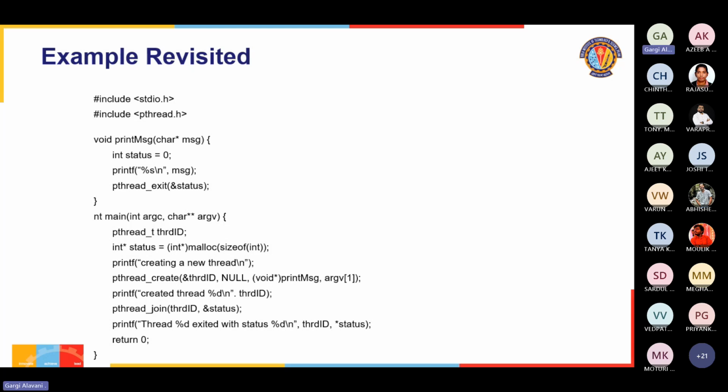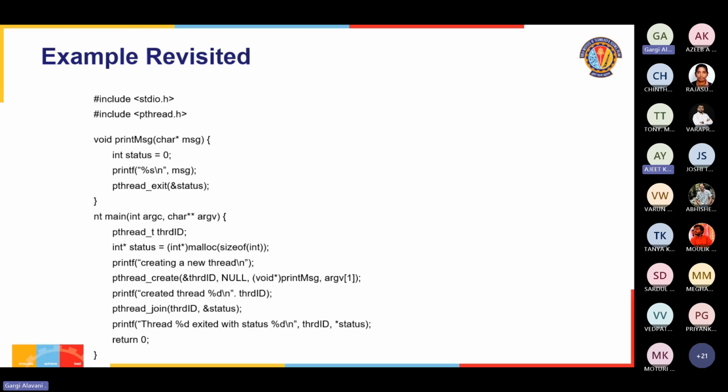So the main thread calls pthread join, and that's where the other thread will join. But pthread exit is called by the thread itself. Is it clear?